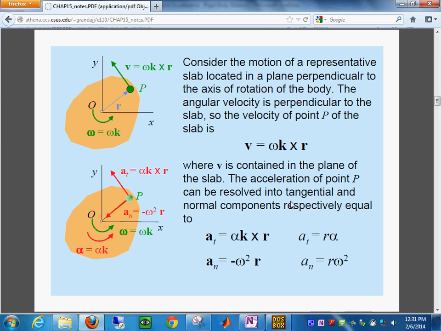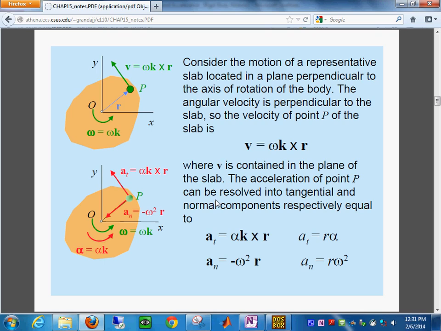Okay. Perhaps this gives us a bird's eye view, more practical in here. If we're looking from the top, the velocity of P is omega k cross R in this direction.